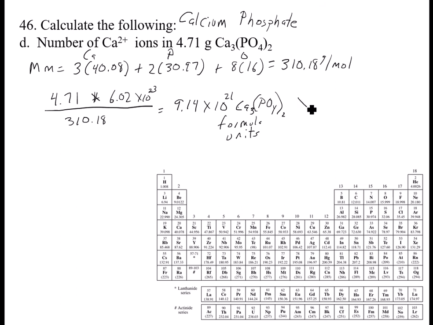So I need to now multiply, since there are 3 calciums for every 1 Ca3(PO4)2, I need to multiply this number by 3, and I get 2.74 times 10 to the 22nd calcium 2+ ions. So I can find it within the compound just as well as I can of the compound itself. All right, and so that's the end of this section here.